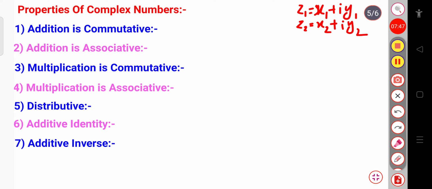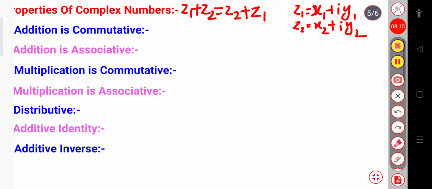So first of all we will see the addition is commutative in nature. Commutative means if we add two complex numbers, suppose z1 equal to x1 plus iy1 and z2 equal to x2 plus iy2, then z1 plus z2 will become z2 plus z1, so this is called the commutative property.